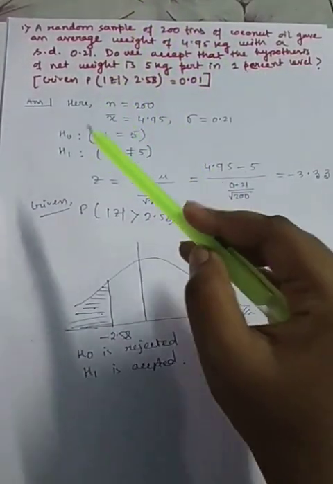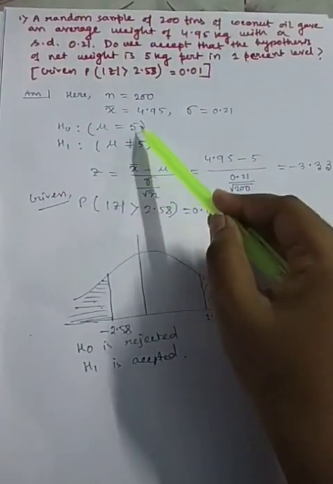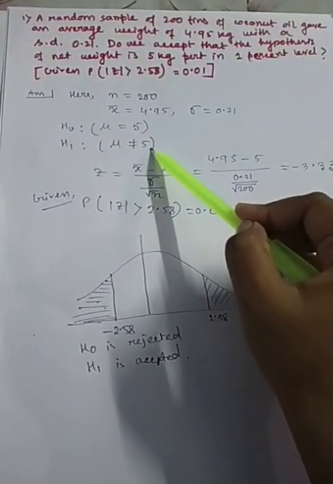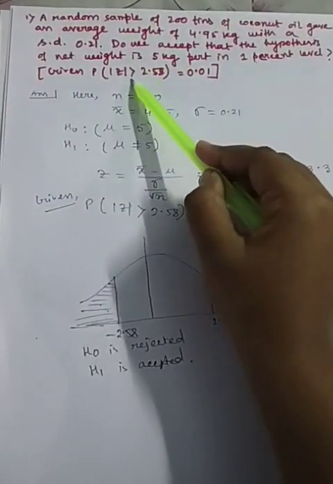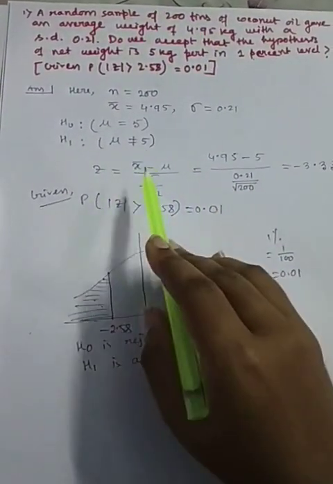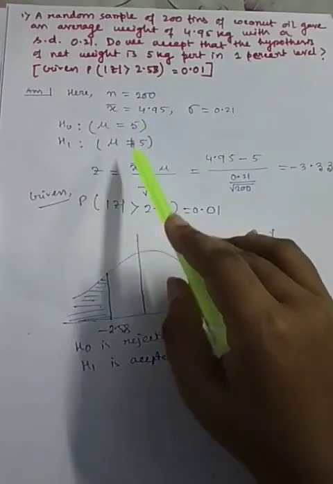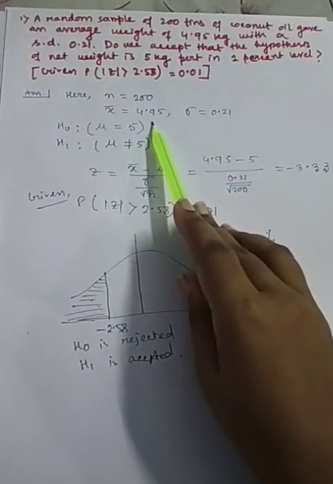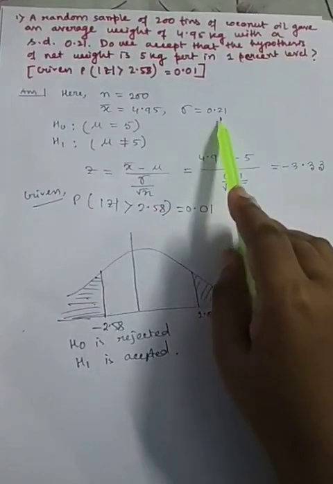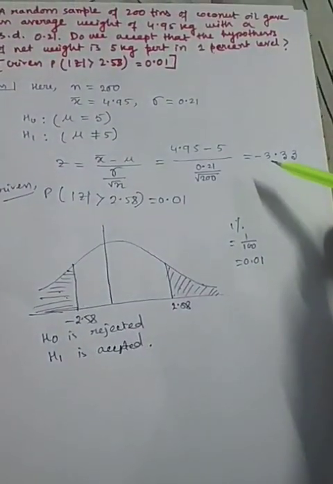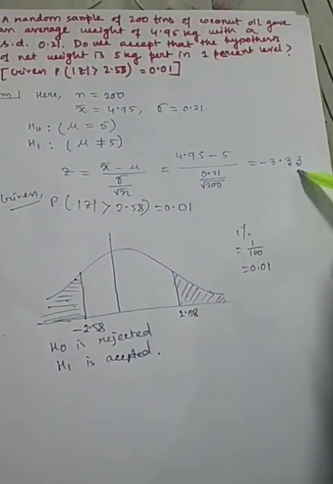So we take our null hypothesis as mu equal to 5 and our alternative hypothesis as mu not equal to 5. For the z statistic, the formula is z equals x bar minus mu by sigma by root n. By putting in these values, x bar equal to 4.95, mu equal to 5, sigma equal to 0.21 and n equal to 200, we get our computed value as minus 3.33.